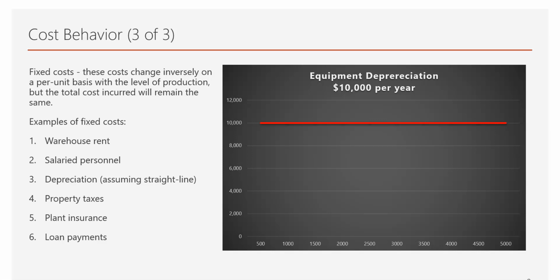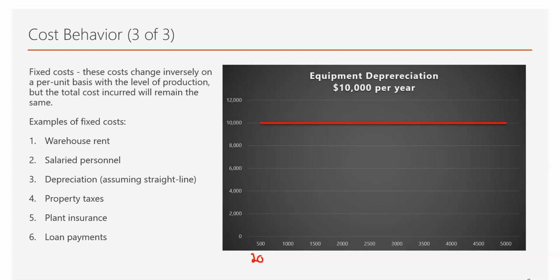Well, my depreciation on a per unit basis is going to be 10,000 divided by 500, and how much are we going to have? Let's get out our calculator here. And our depreciation cost per unit is going to be $20.